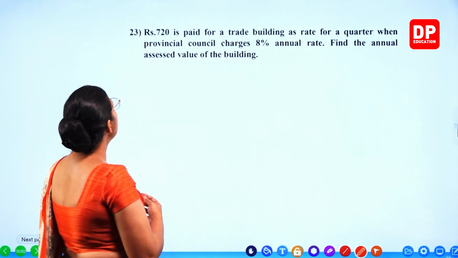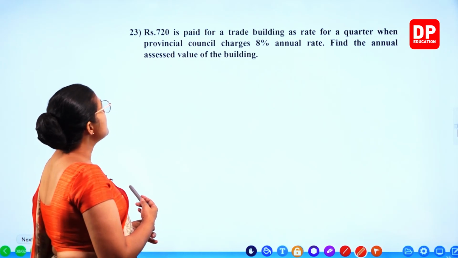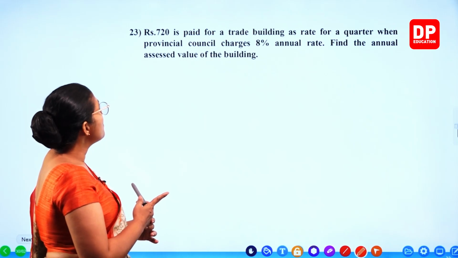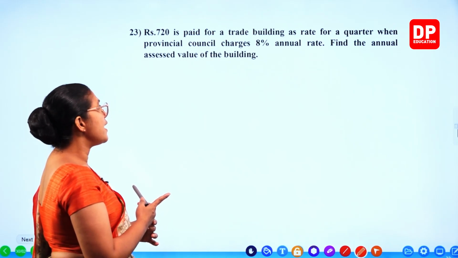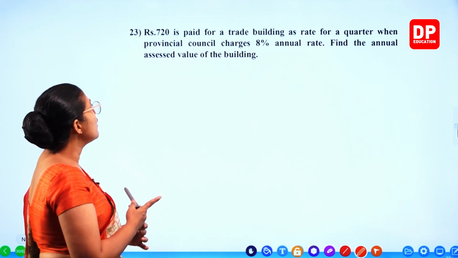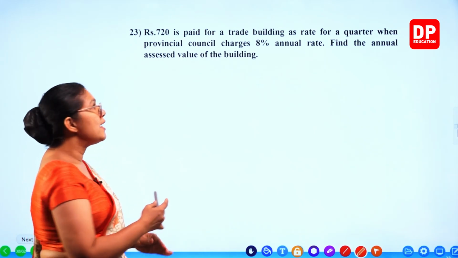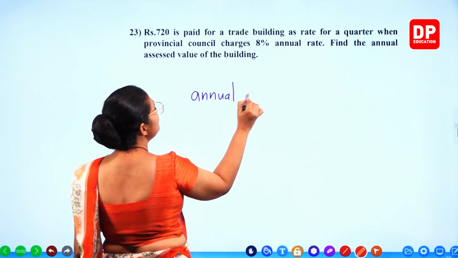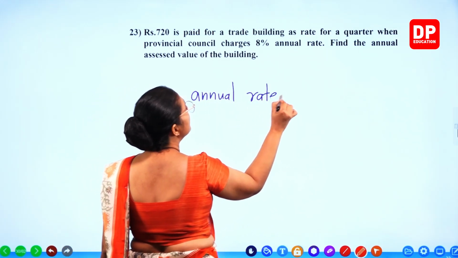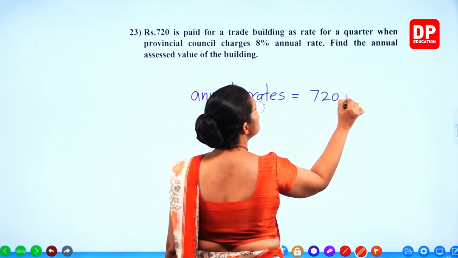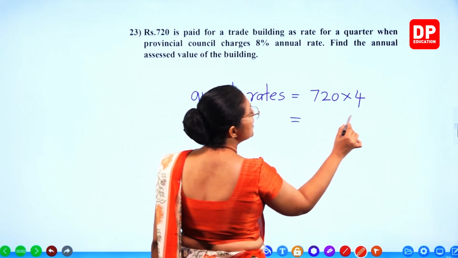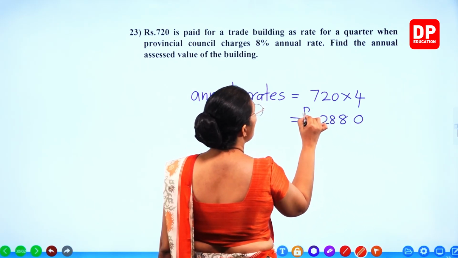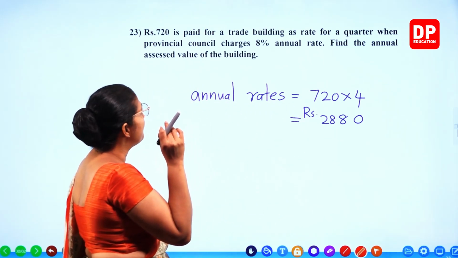Question number 23. 720 rupees is paid for a trade building as rates for a quarter and the Provincial Council charges 8% annual rate. Find the annual assessed value of the building. So quarter value is 720. So what is the annual value? Annual rates, 720 times 4 because there are 4 quarters. So 2,880.